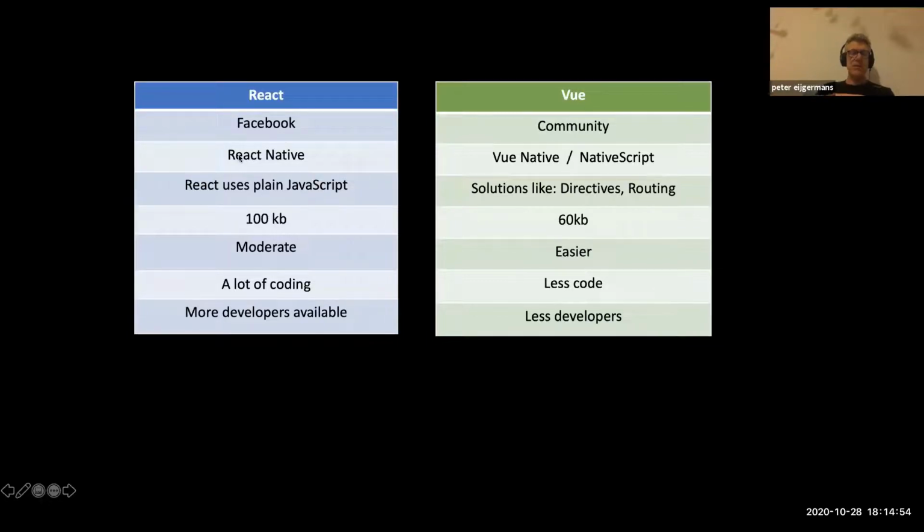With React you can also make apps with React Native, and with Vue nowadays you have Vue Native to make apps, and you can also make apps with NativeScript. It's a very interesting one, NativeScript. I like that framework to make apps.